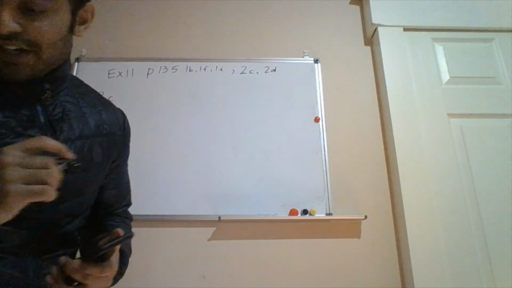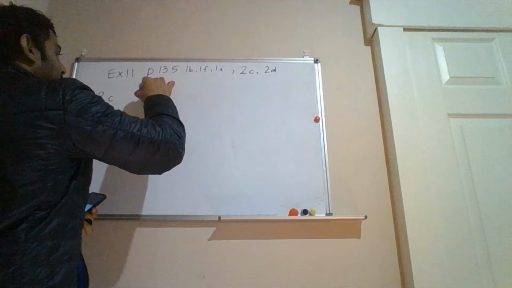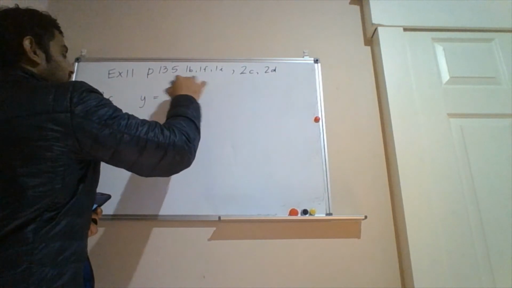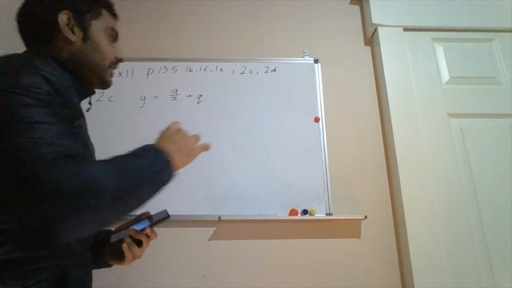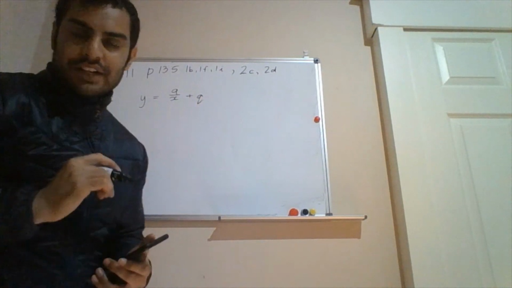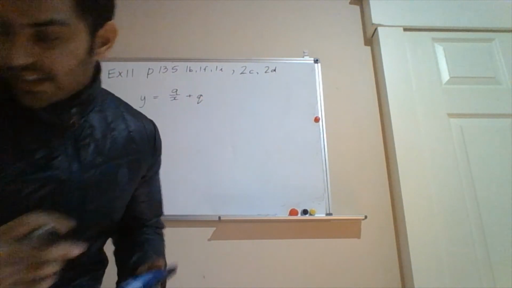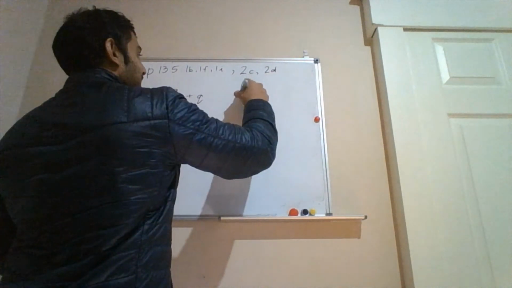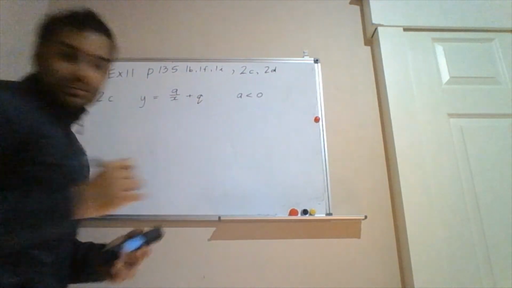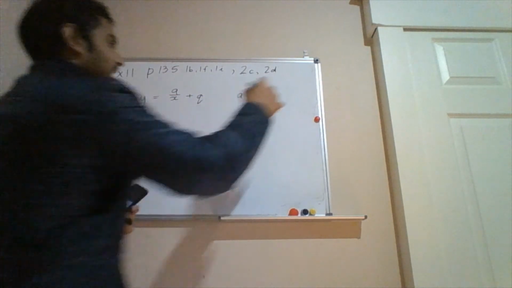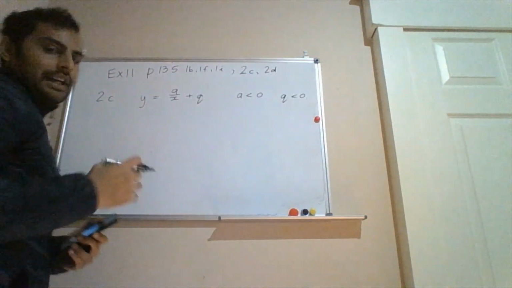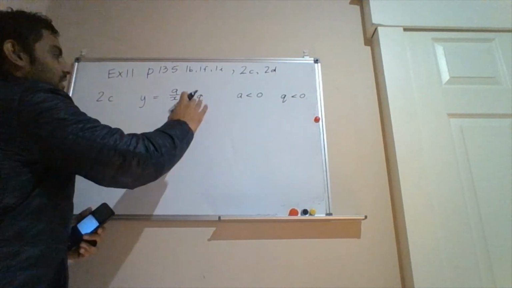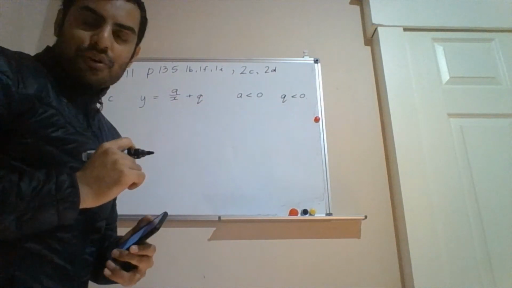We have information on a hyperbola, y equals a over x plus q. So these two parameter values are not given. All they tell us is that a must be negative and q must be negative. Okay, so we already know what the q parameter means for hyperbolas.